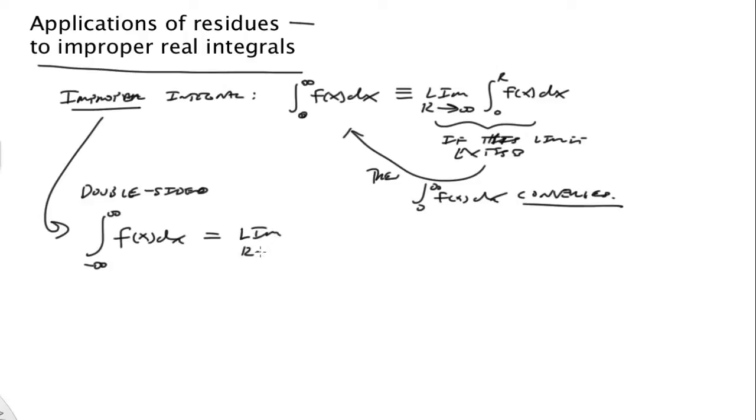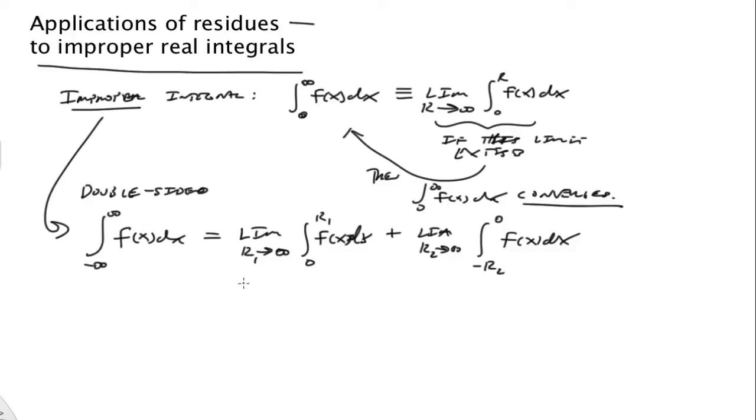Limit of r going to positive infinity of the integral from 0 to r of f of x dx. I'm going to call that r1, plus, and then we have to do another limit for the other side. Limit r2 goes to infinity of the integral from negative r2 to 0 of f of x dx.